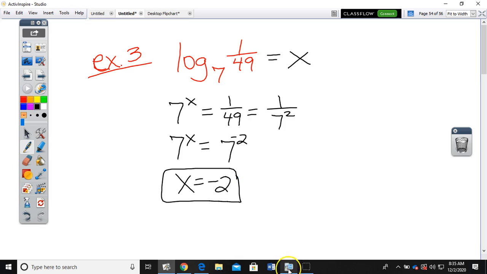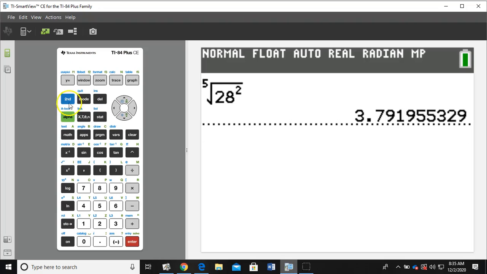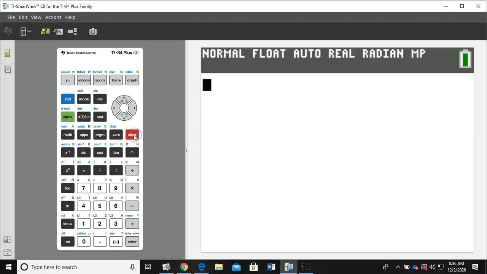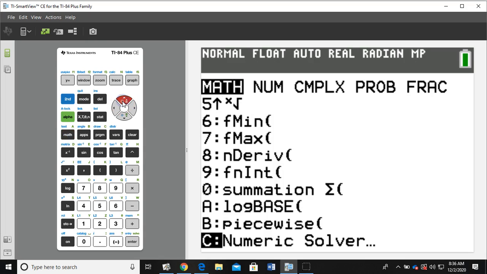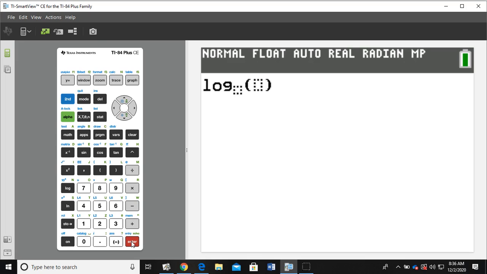I'm still going to show you how to do the calculator thing, and I'm showing you this because not all calculators have this ability. If you just get a regular 4-function calculator, I don't know that you'll be able to do this. But if you hit math, and I think it's quicker just to go up, and the one that says log base, you can hit log base and basically plug it in.